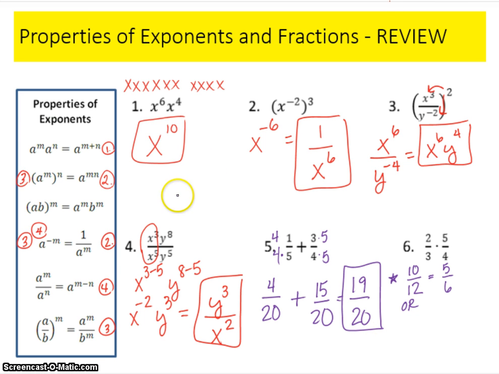Or the other way to do it is to cancel whatever's on top with whatever's on the bottom. So we have 2 over 3, 5 over 4, just to rewrite that. And we can actually cancel because 2 goes into both 2 and 4, and it goes in here 1 time, goes in here 2 times. Then you multiply across, so you get 5 over 6. Either way, obviously you get 5 over 6. It just depends on where you do your reducing.